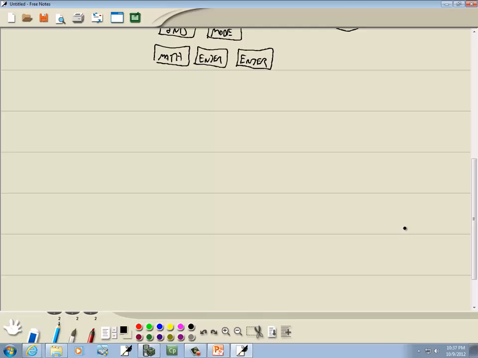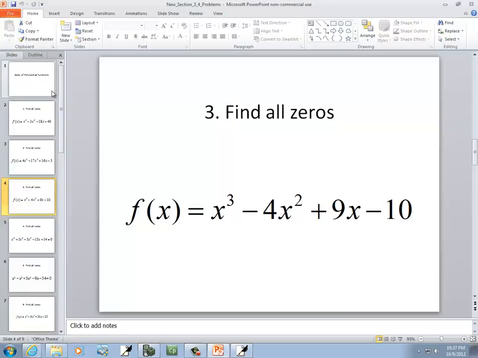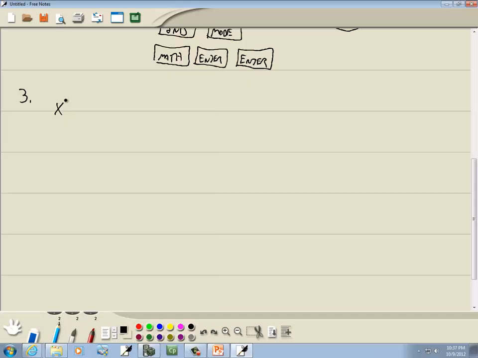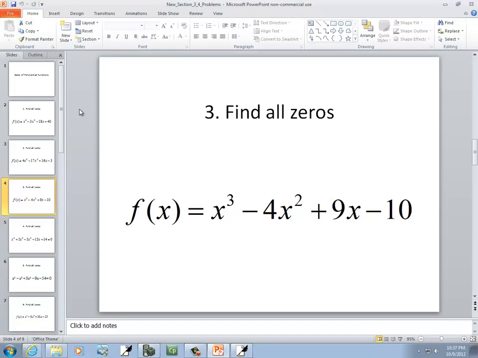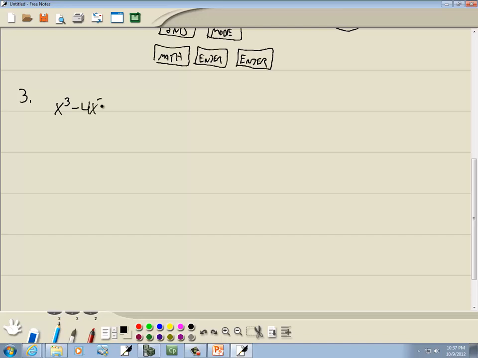Let's look at the next one. We got find all the zeros, so we got x to the third minus 4x squared plus 9x minus 10 equals 0. So we want to put our polynomial on y1.